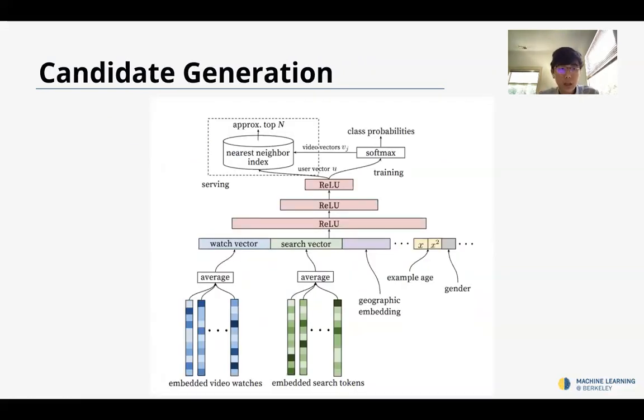So for the candidate generation network, you generate an embedding for the user, and then use the user embedding to query the set of video vectors for the top N candidates, right?